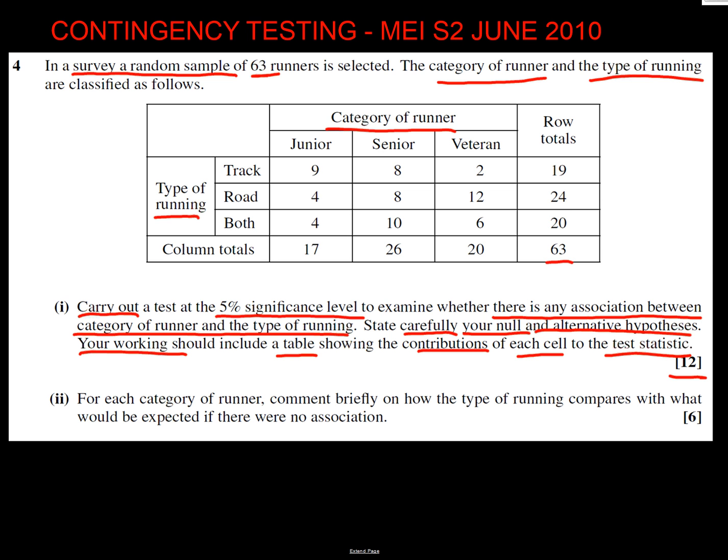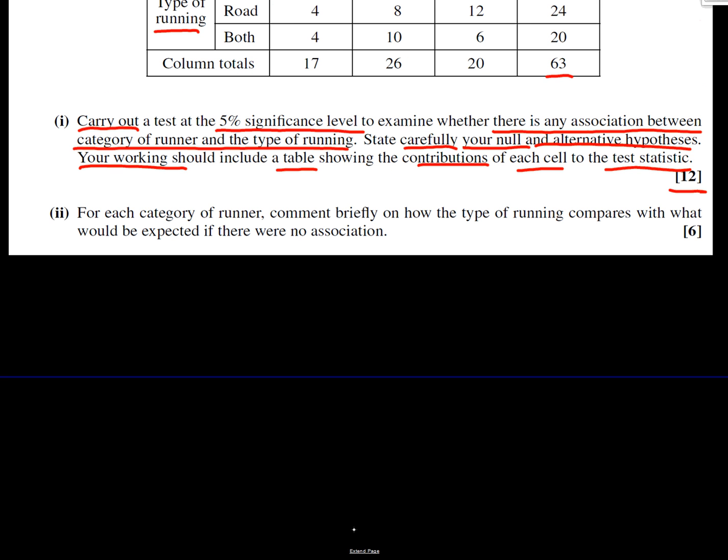Okay, where are we starting then? Well, we're starting with our null hypothesis. So this is one with our hypotheses. H0 is always, in contingency testing, that there is no association. That allows us to do independent calculations of the expected values compared to the observed, and let's write it in full.